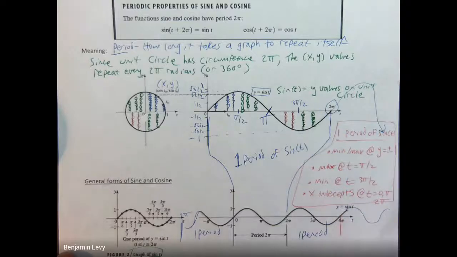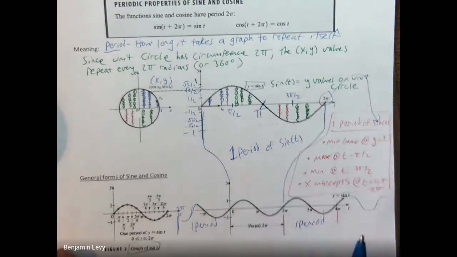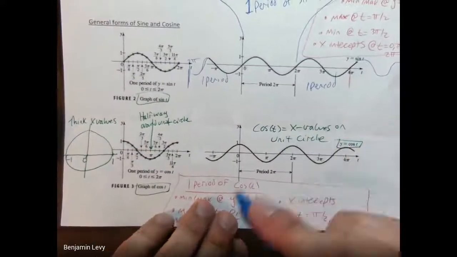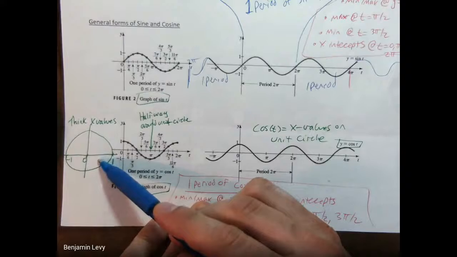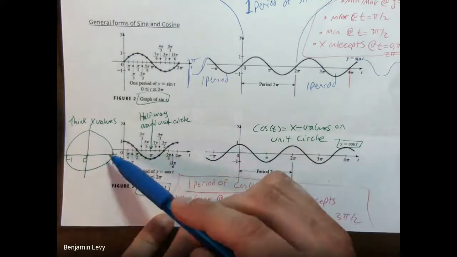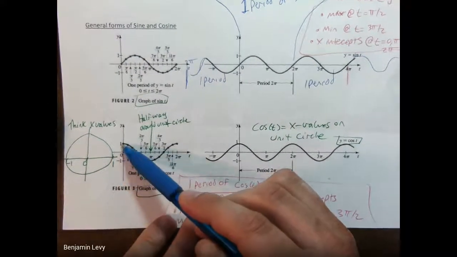And so sine just traces out the y values, which is why it has this general shape, and cosine traces out all the x values. Again, if this is our unit circle, and this is a graph of cosine right here, the x value right here is 1, and that's why this graph starts at 1.